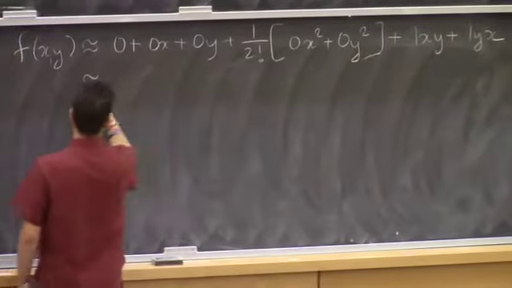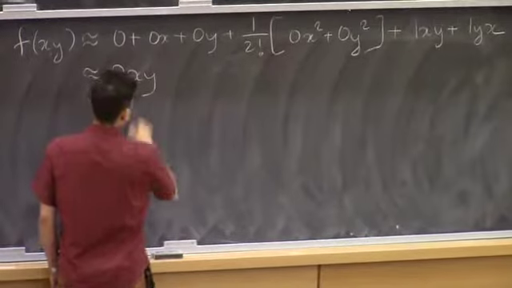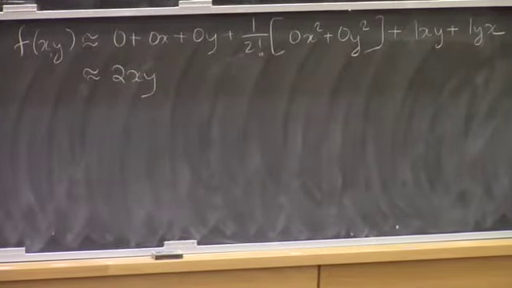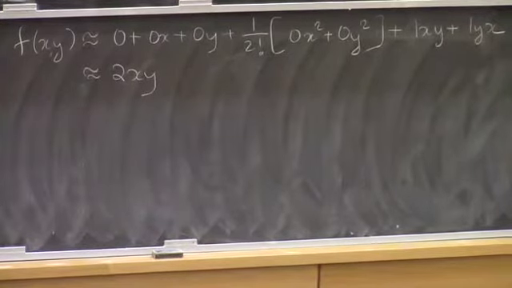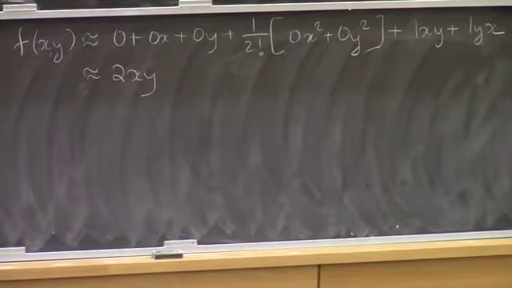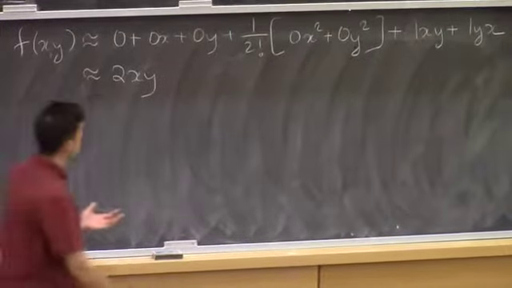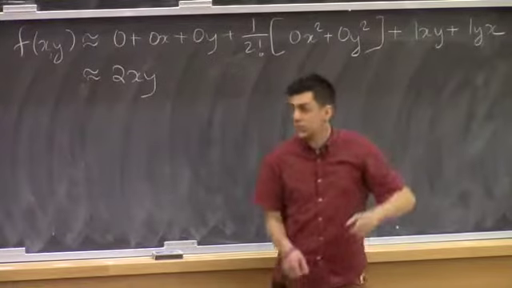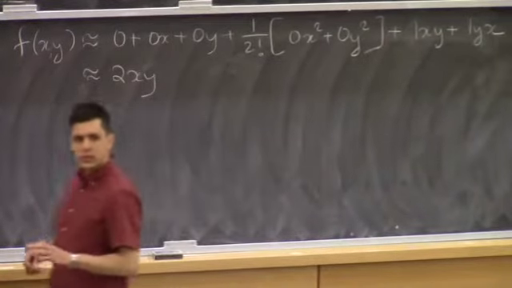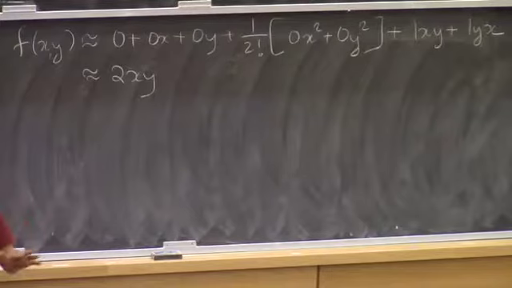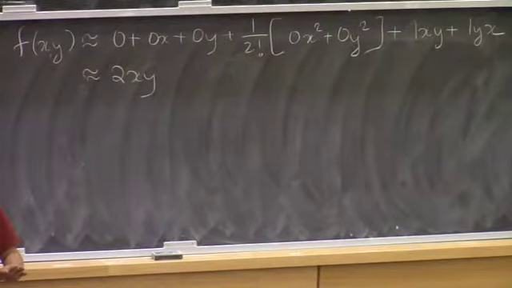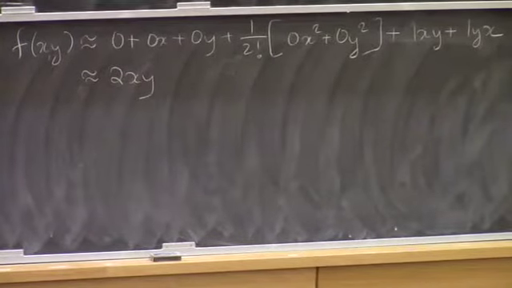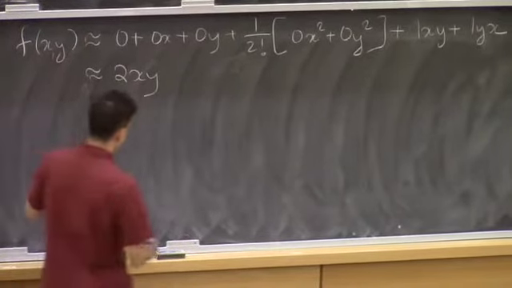So our approximation is 2xy. Okay, very good. So almost all of the terms go away, and we're left just looking at these two guys here, where we had some non-zero derivative. Are there questions or thoughts there? Okay, so very nice approximation to our function.